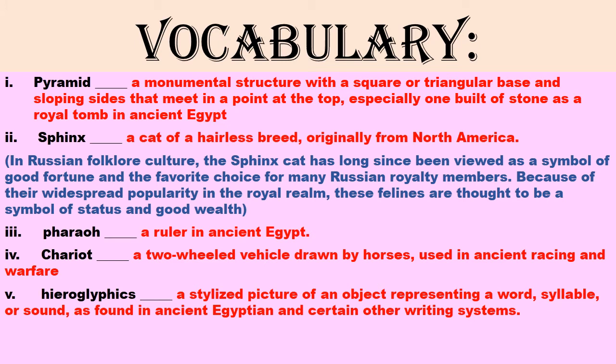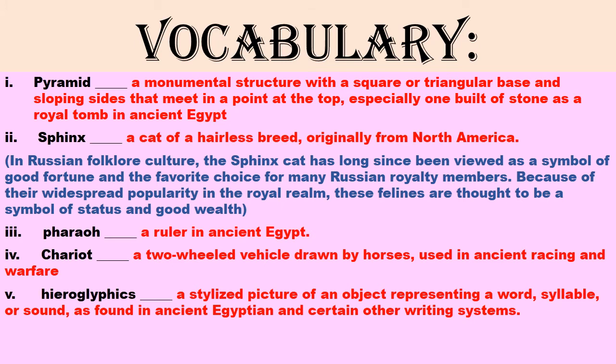Okay, number 2, Sphinx. Sphinx means a cat of a hairless breed, originally from North America. Now students, you would think, what is the use of Sphinx in ancient Egypt? So there is a history.